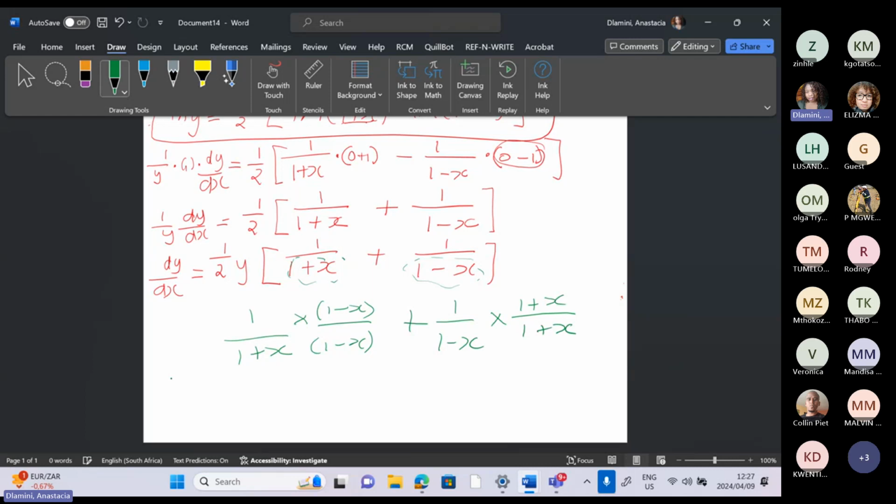So then this will be equal to 1 minus x over (1 plus x)(1 minus x), plus 1 plus x over (1 minus x)(1 plus x). Do you see that?